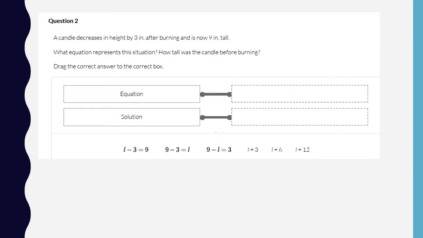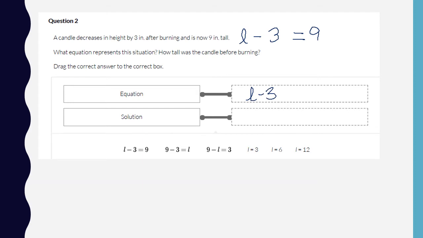A candle decreases in height by 3 inches after burning and is now 9 inches tall. So it started out as, okay, it looks like we're using L. It decreases, meaning subtract, by 3, and it is now 9 inches.